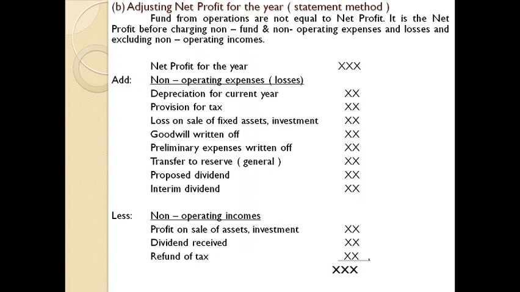The basic concept regarding all these methods is that you need to find out the actual fund from operation of a particular business. Why are we looking for the actual flow of funds? In a business, the profit and loss account statement shows the profitability of the business.